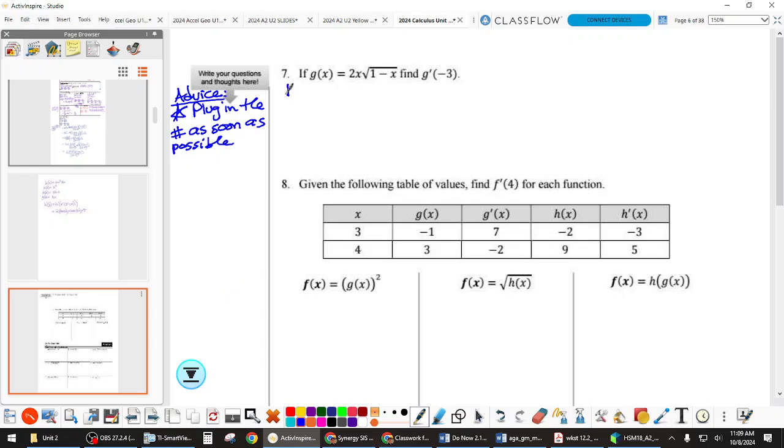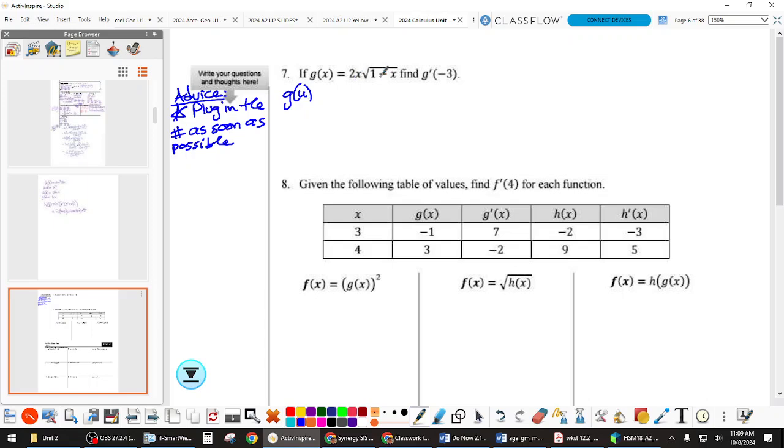All right, so what's our function this time? Well, before I say that, do you see how this is product rule, chain rule? Yeah.